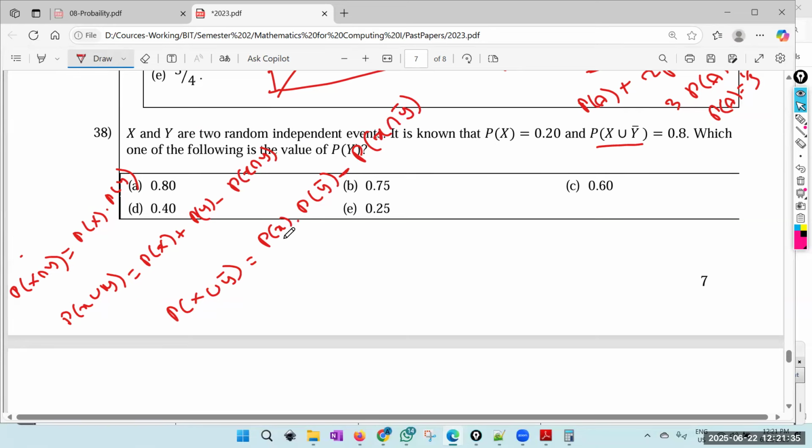P(X) plus P(Y bar) minus this, and this is given 0.8. P(X) is given 0.2 plus P(Y bar), that is 1 minus P(Y).